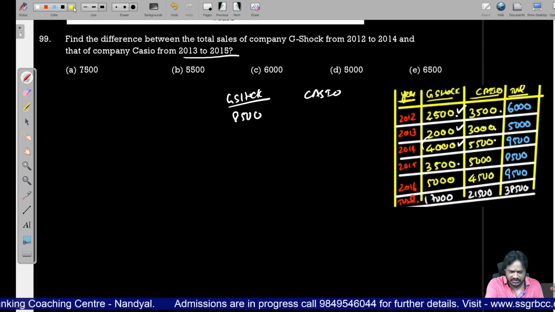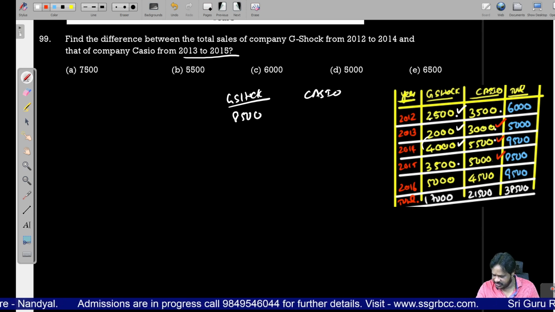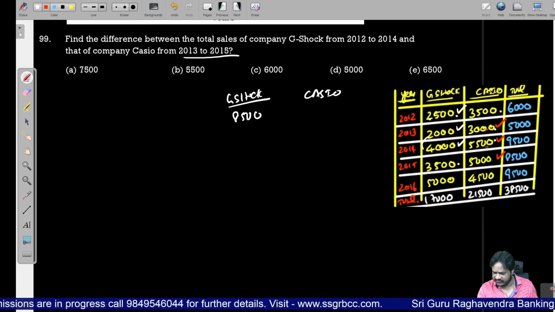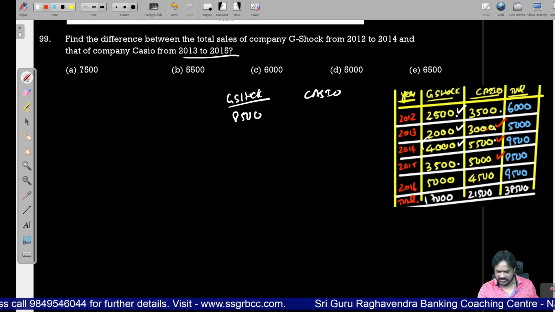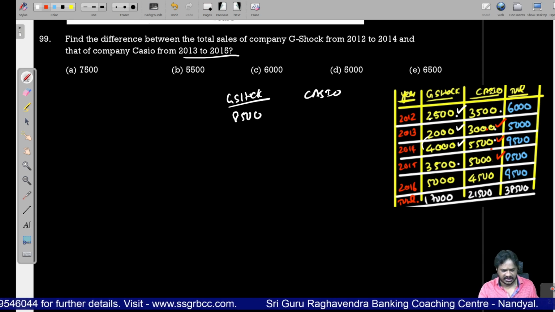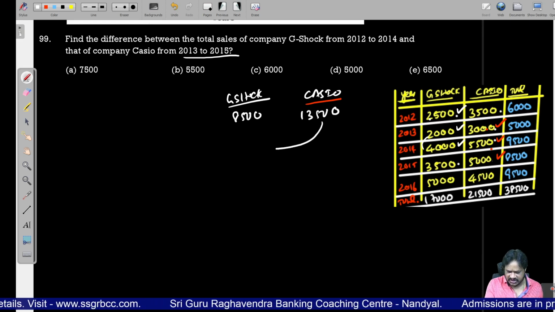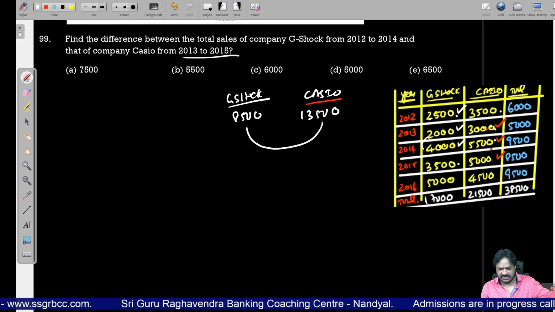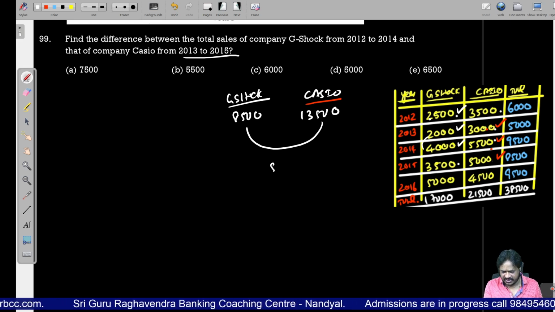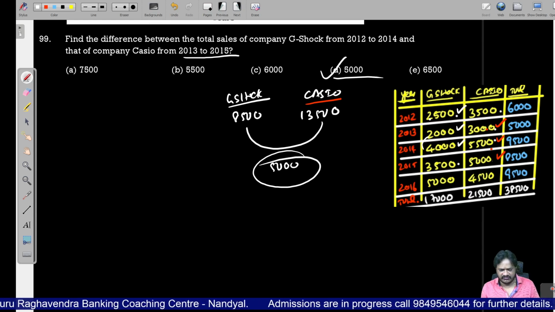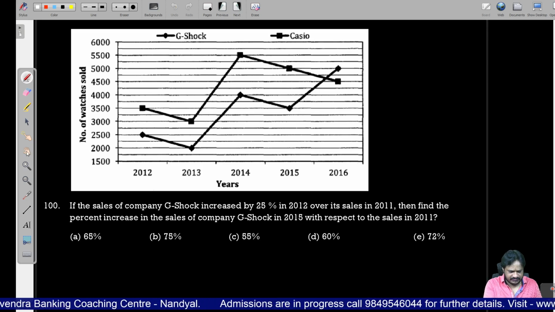So 13, 14, 15. 3,000, 5,500 and 5,000. So it will be 13,500. So this value is 13,500. So difference. What is the difference of 13,500 and 8,500? The answer is 5,000. 5,000 is the correct answer. Option 4. Next question.